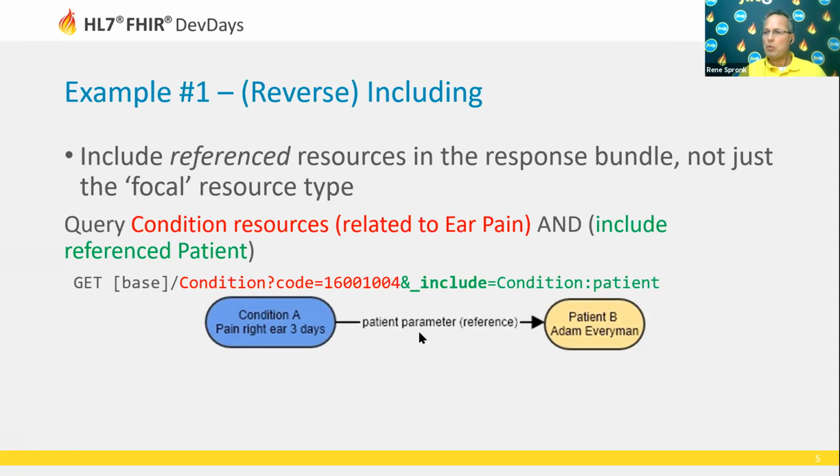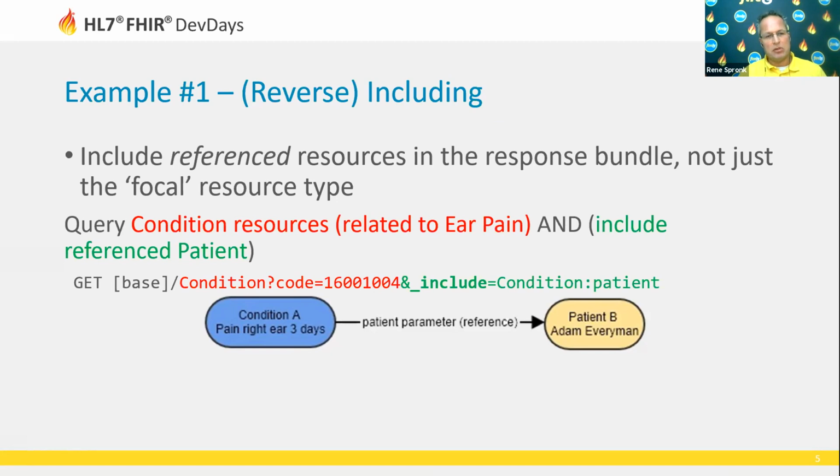Okay, so once we know that that reference exists, that allows us to construct our search. And in this case, that's give me all conditions with code such and such, which is ear pain from SNOMED, and _include=Condition:patient. So why does this work?